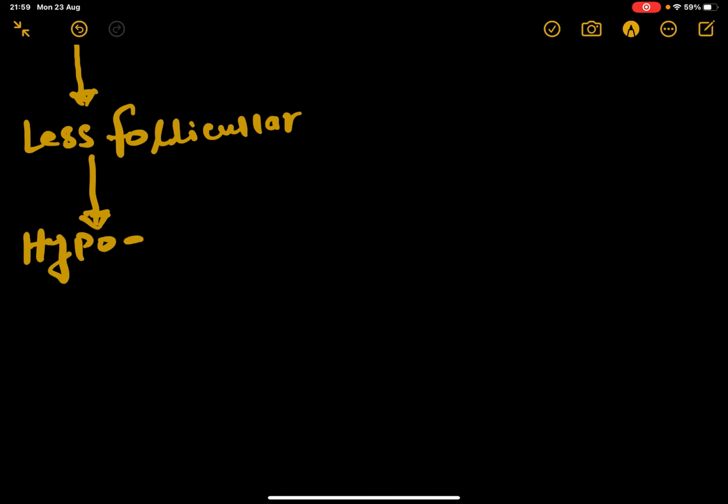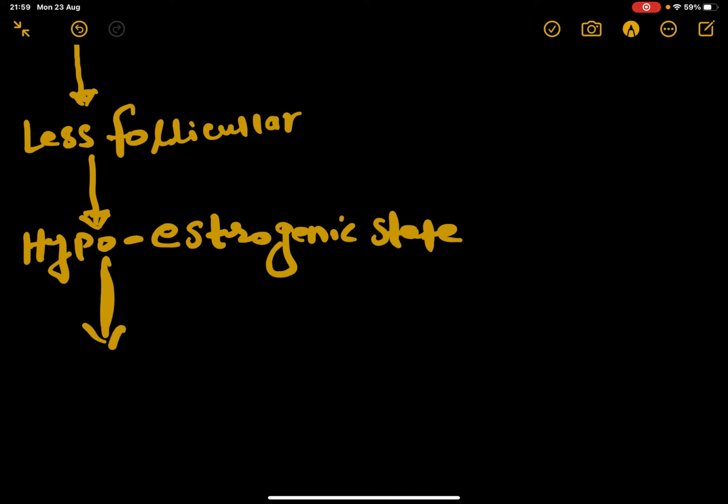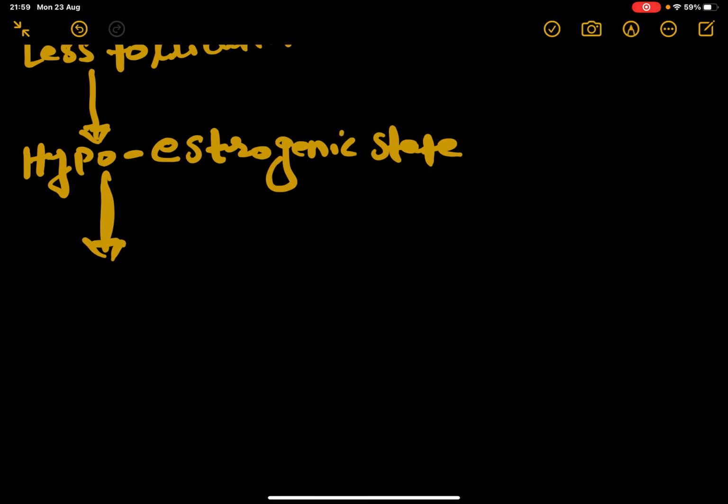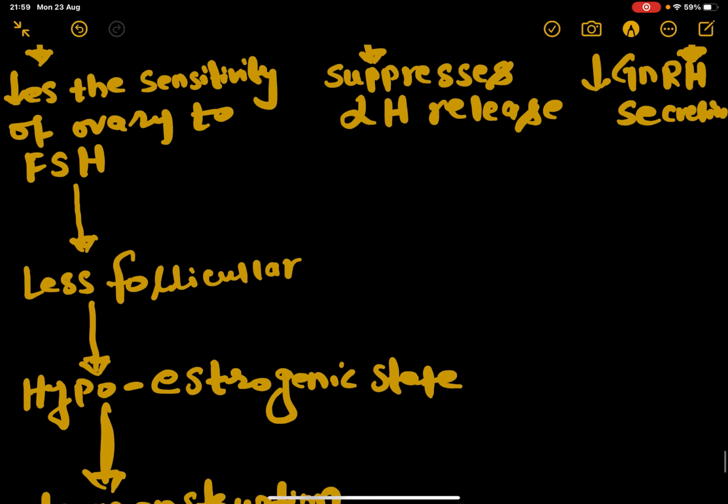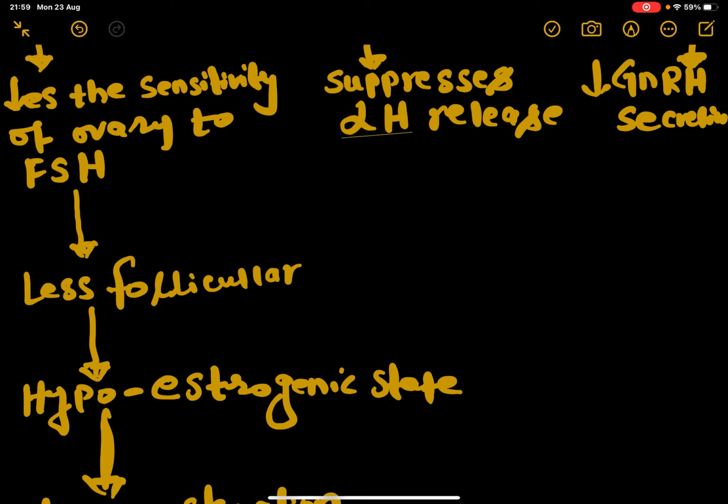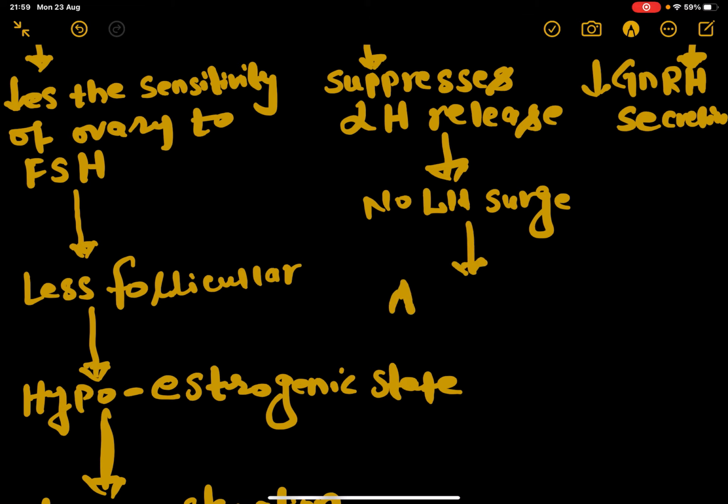So a hypoestrogenic state, and because of the hypoestrogenic state, this will precipitate no menstruation. In the second case, suppressing the LH release causes no LH surge, and hence no ovulation.